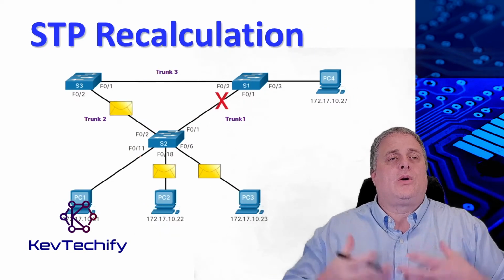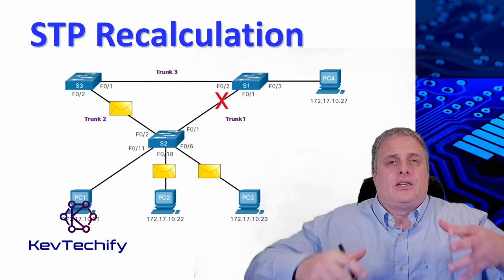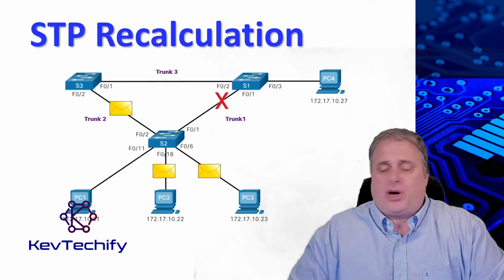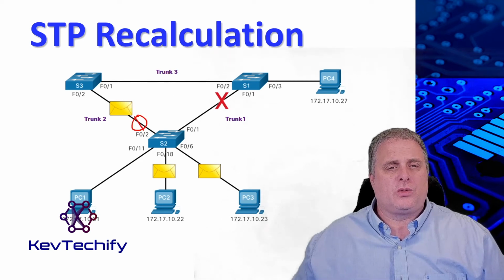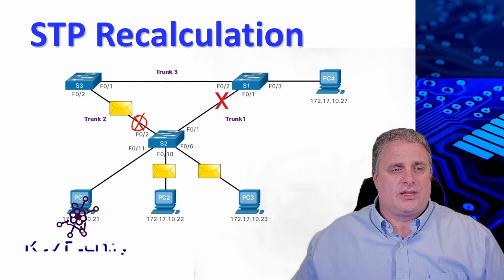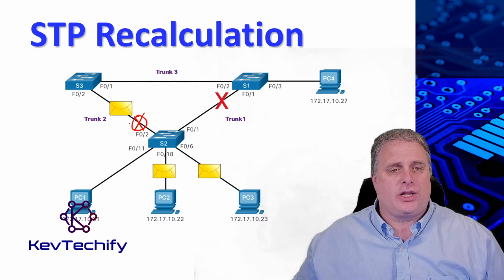When a link goes down, spanning tree goes through a recalculation process. Remember, originally that trunk 2 here was shut down because spanning tree decided we're going to shut this down.